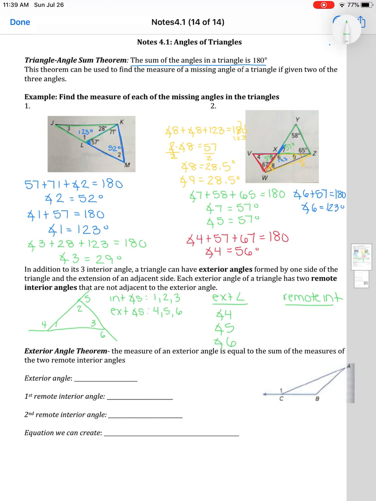My exterior angles are 4, 5, and 6. So if we now use this new theorem, it says we have the exterior angle, and then we have the remote interior angles that go with it. So exterior, we have 4, 5, and 6.